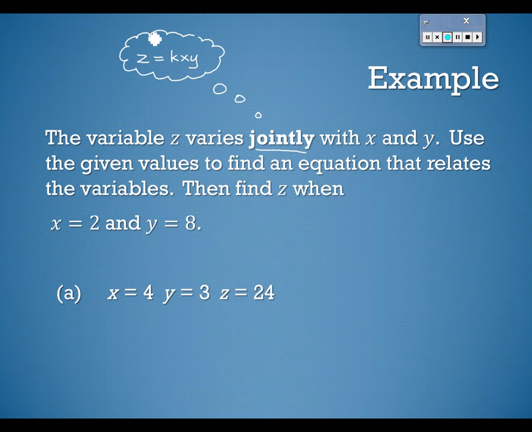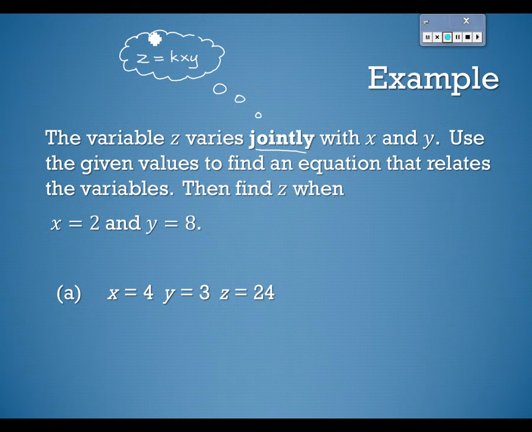Use the given values to find an equation that relates the variables. Right, so let's do that first, and then we'll return to the rest of this question. It says, use these values. Again, x, y, and z are variables. They change, but at one particular moment in time, if x is 4 and y is 3, then z is 24, right? So is that good information to help us figure out what k is?